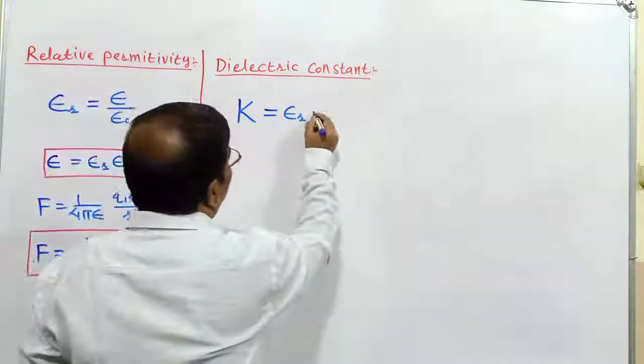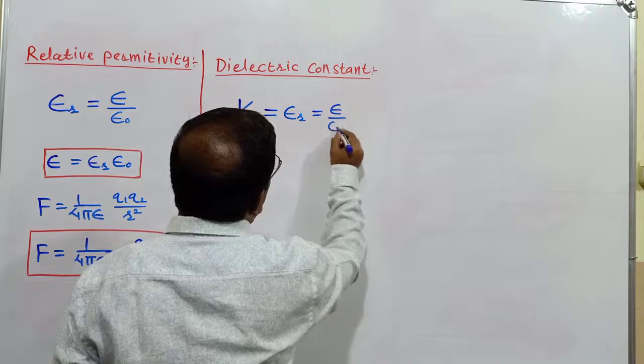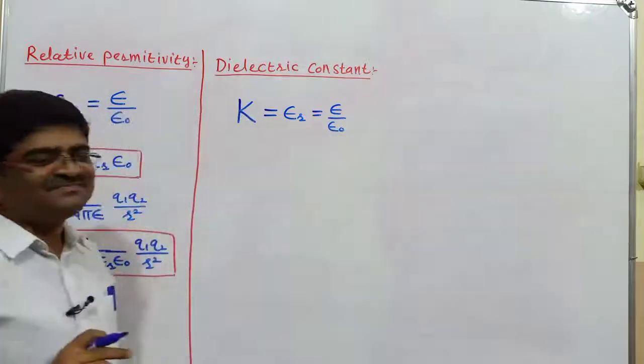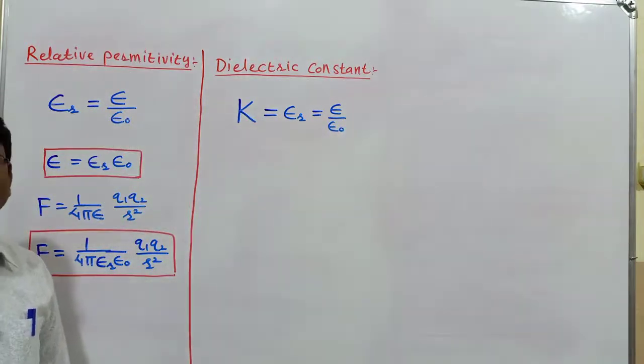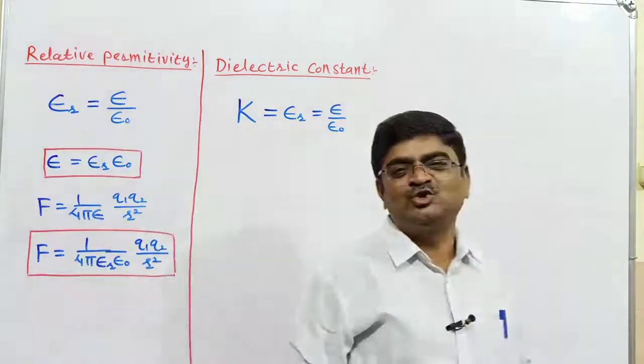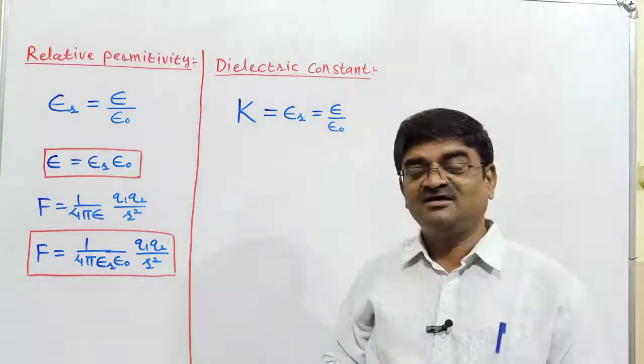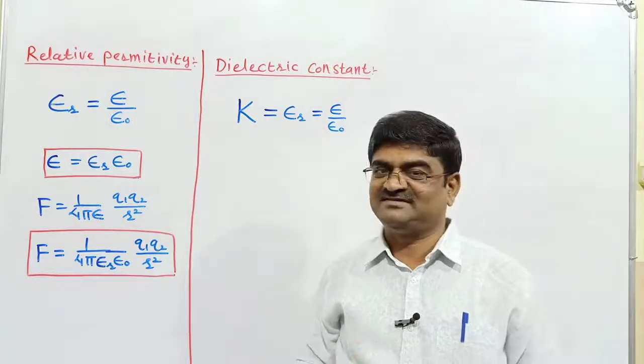Relative permittivity I have already defined: the permittivity of the given media to that of the absolute permittivity. You can have it in this way.